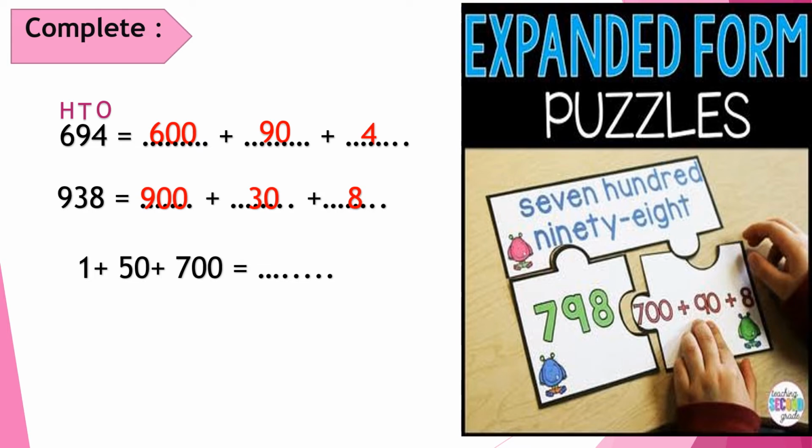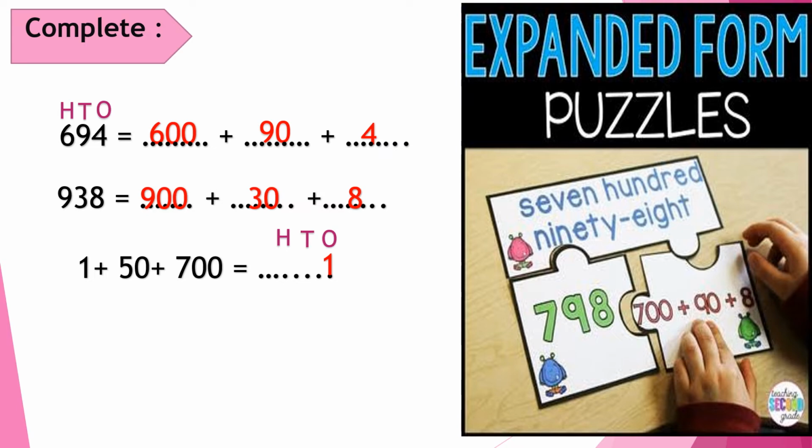Then we will put ones, tens, hundreds. This 1, does it have any zeros? No, so it belongs to ones. Then I will put 1 in ones. This 50, does it have any zeros? Yeah, it has 1 zero.